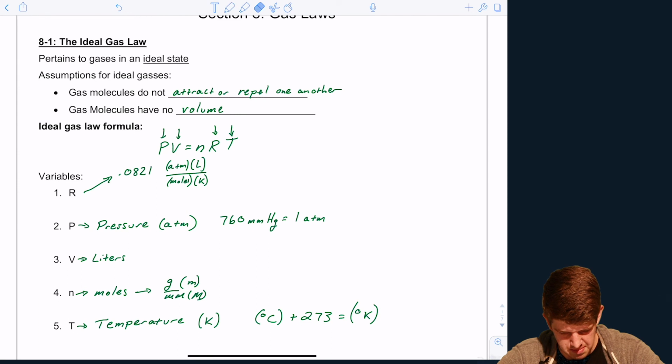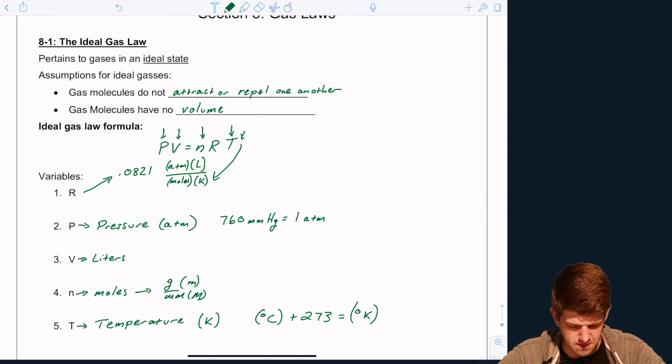If I multiply temperature by Kelvin, I cancel out. If I divide by volume, I cancel out, and so on.